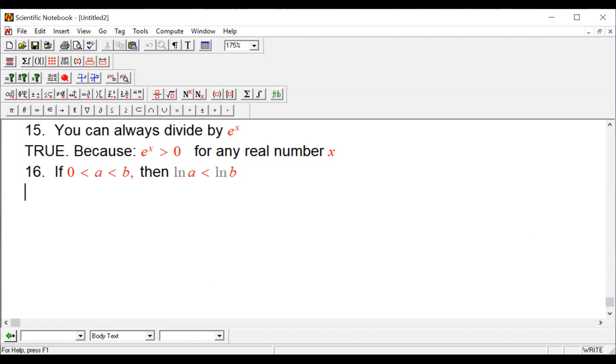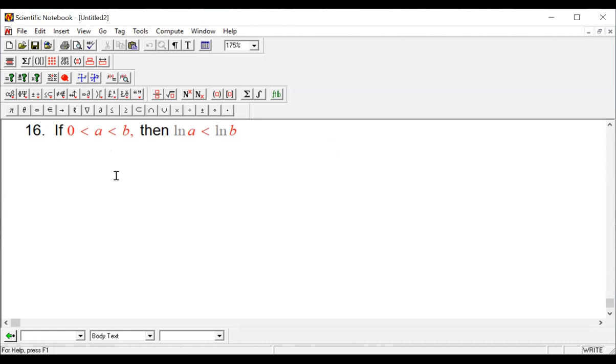Is that true or not? When we assume a is greater than 0 and b is greater than 0, these two quantities are in the domain. The question is, will this be true? It is true because ln x is an increasing function.